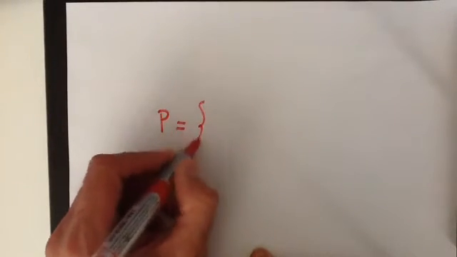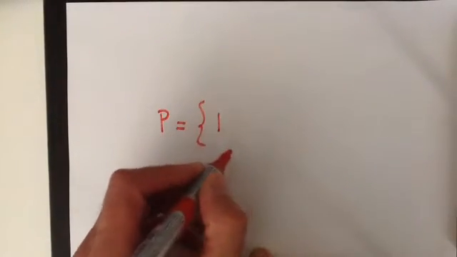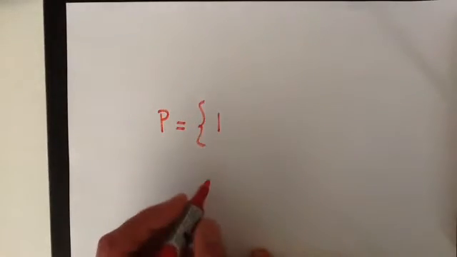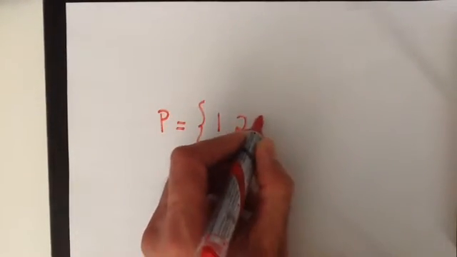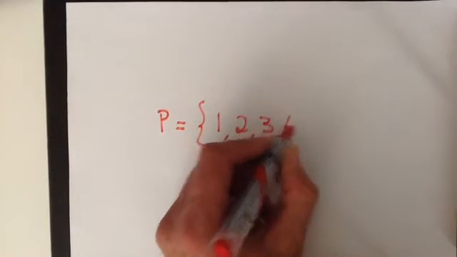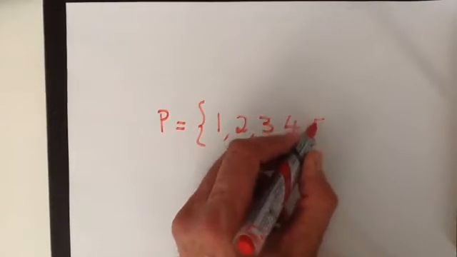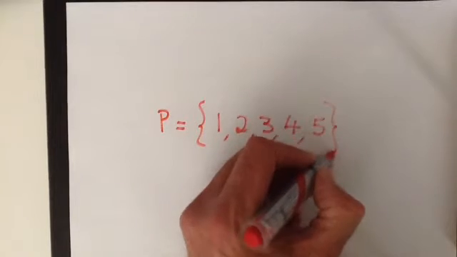Now in mathematics a lot of the time we deal with sets of numbers. So let's say you've got the set P, use my curly brackets, and it's got 1, 2, 3, 4 and 5 in it.